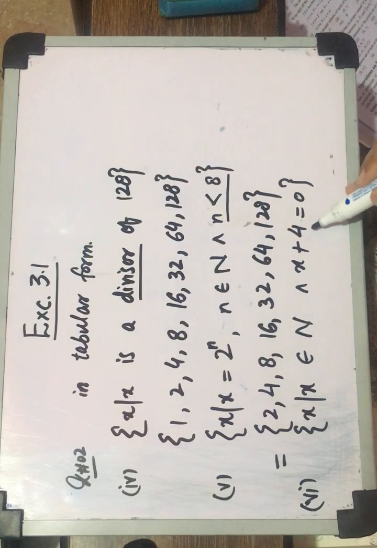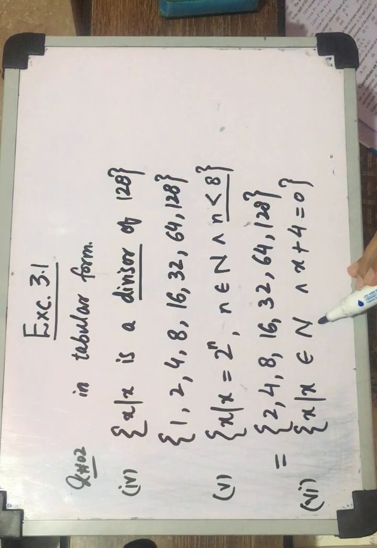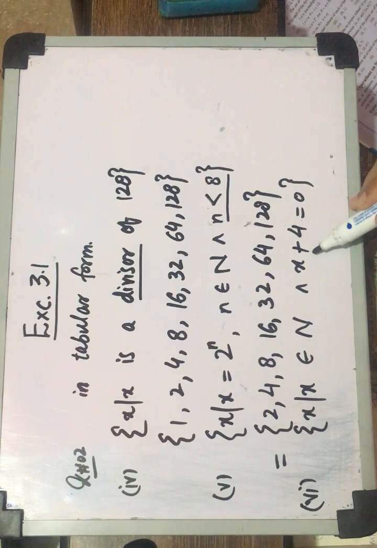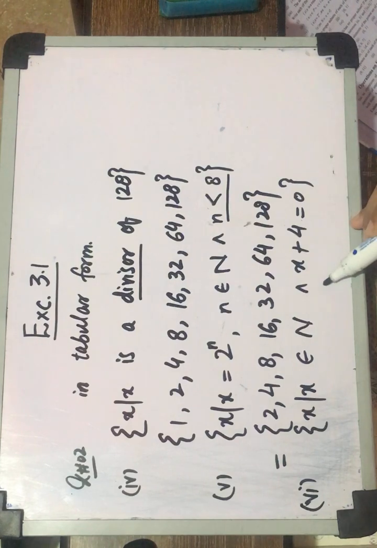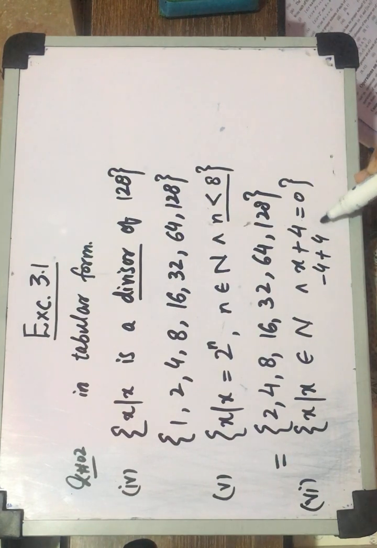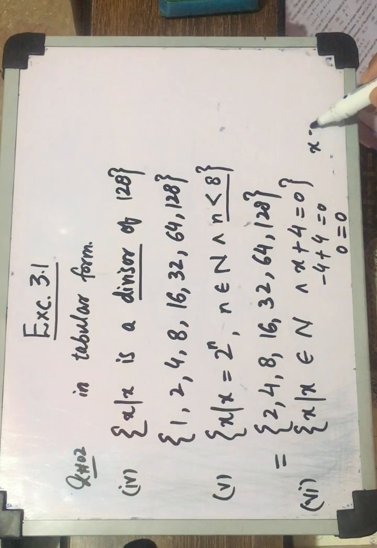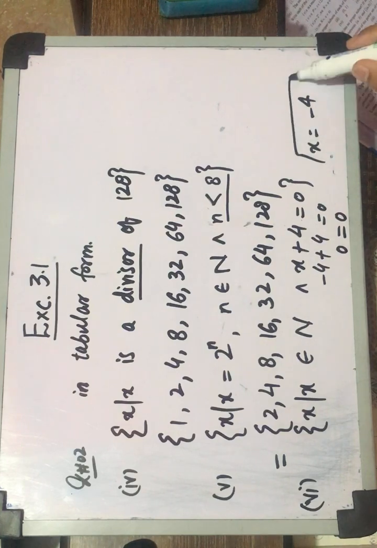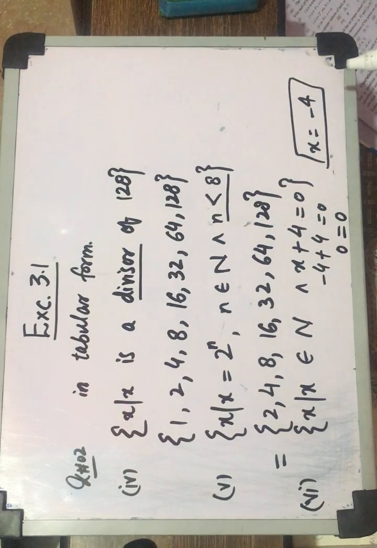If we take x is equal to -4, then this equation will be satisfied. -4 plus 4 is equal to 0, and 0 is equal to 0. So x is equal to -4 is that number. When taking x is equal to -4 in this equation, it will be satisfied.